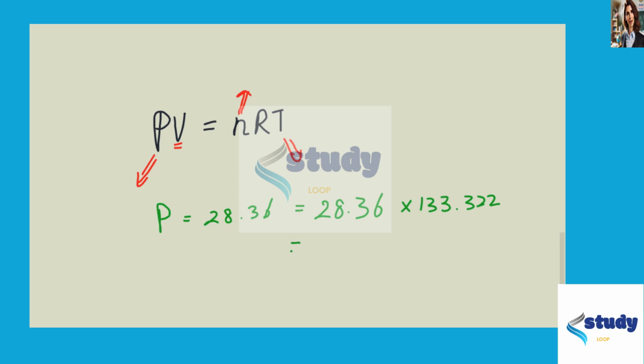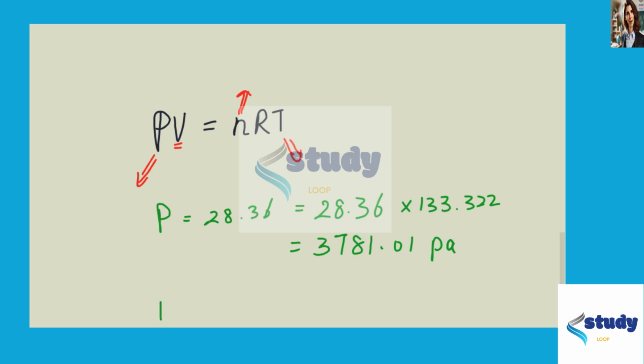Let's use the calculator to do the calculation: 28.36 times 133.322. Okay, this actually equals 3,781.01 Pascal.